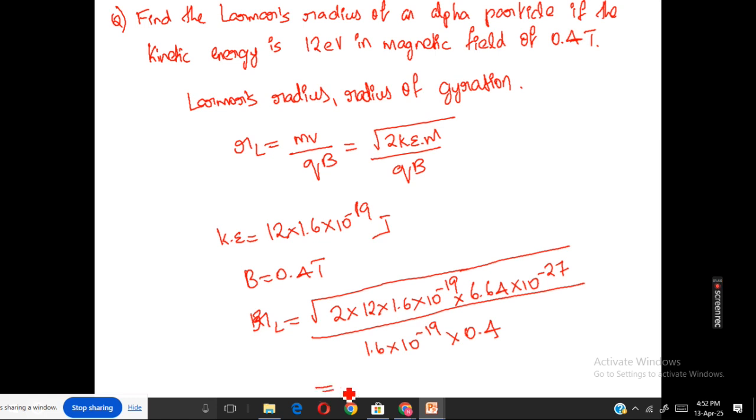So the answer will be, you calculate 2 into 12 into 1.6 into 10 raised to minus 19 into 6.64 into 10 raised to minus 27 divided by 1.6 into 10 raised to minus 19 into 0.4.